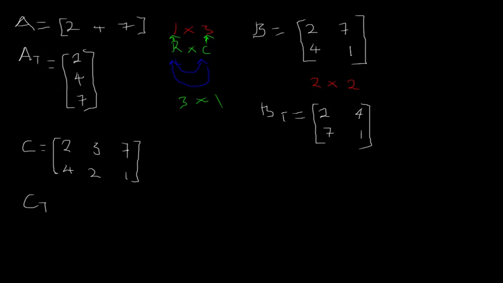So let's look at the order of this matrix. This matrix has how many rows? 2 rows. And how many columns? 3 columns. Okay, so it's a 2 by 3 matrix, and after transpose it should then turn to a 3 by 2 matrix.